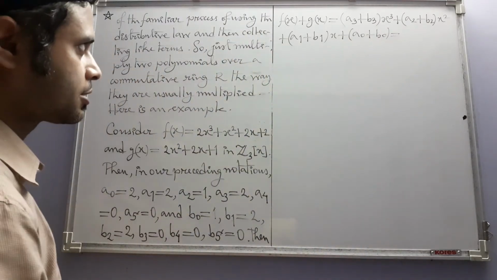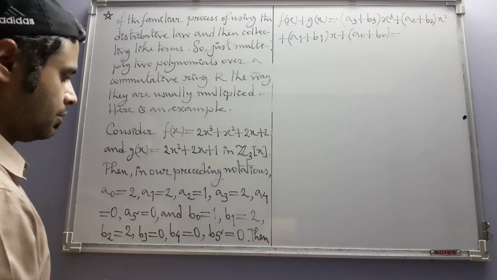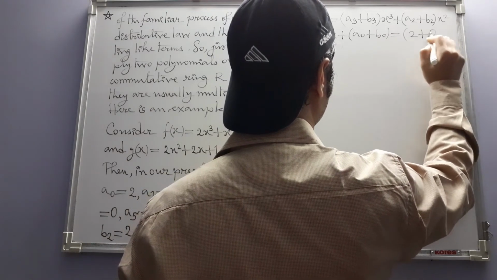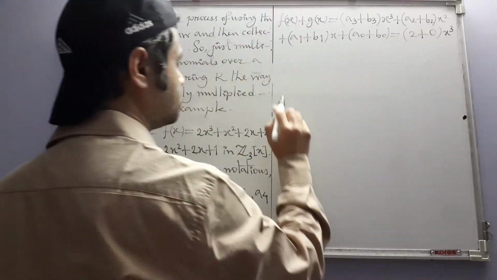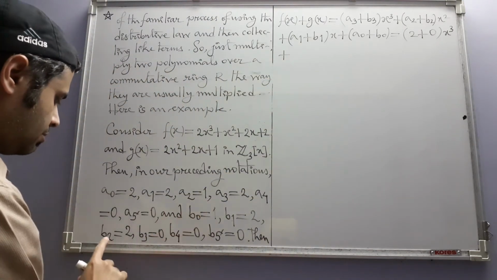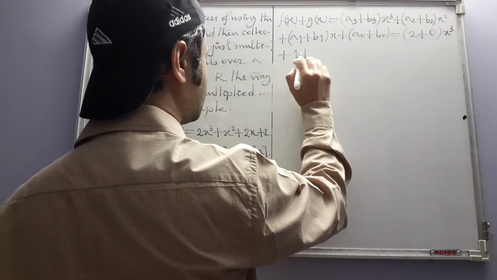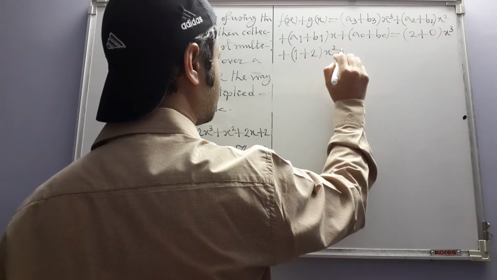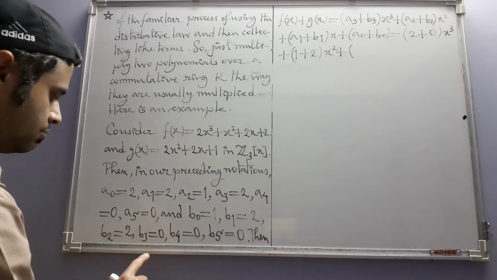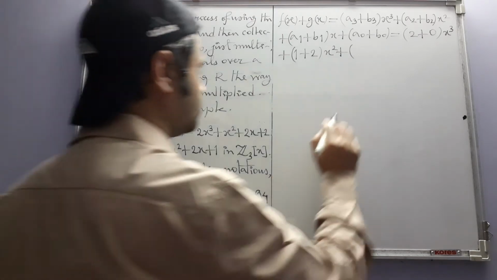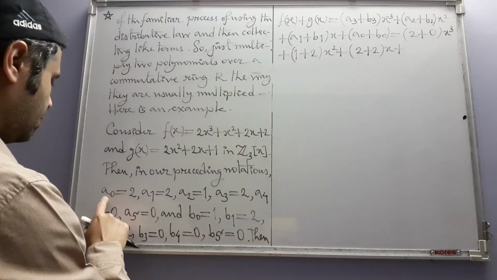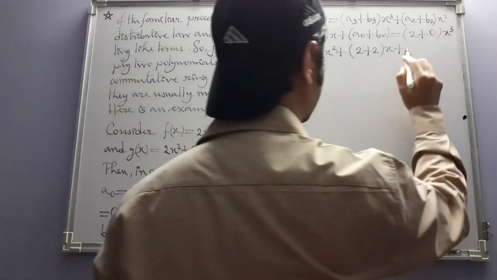So you can now just simply use the values. A3 is 2, B3 is 0. In fact, let's just write all the things in detail for once at least. Plus A2 plus B2, A2 is 1, B2 is 2. Plus A1 plus B1, A1 is 2, B1 is also 2. And finally, A0 is 2, B0 is 1.